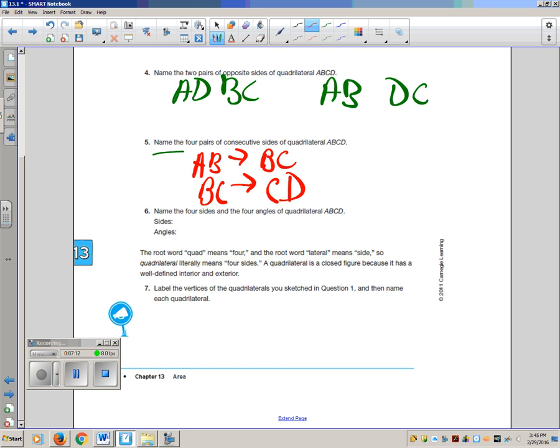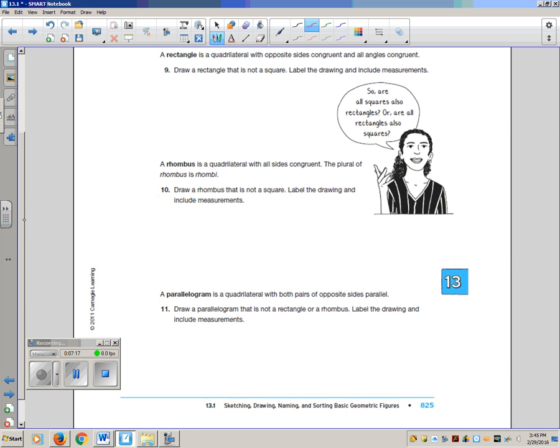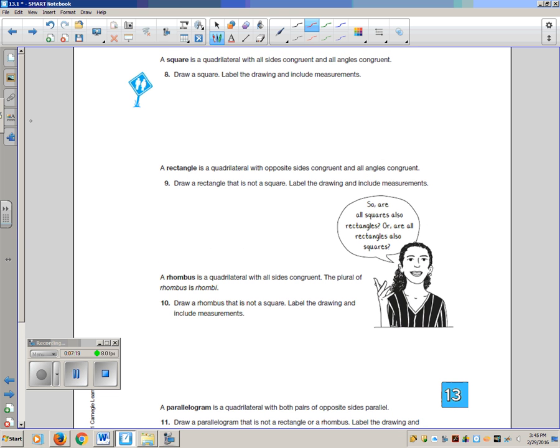Okay, we're going to draw some quadrilaterals on page 825. Starting out with draw a square. I'm going to put the lines on the sides that show they're all congruent. A square has 4 congruent sides and 4 right angles.